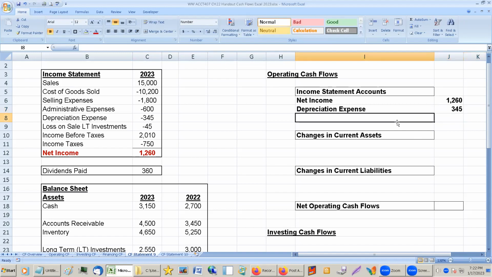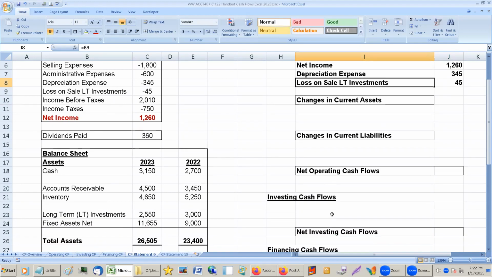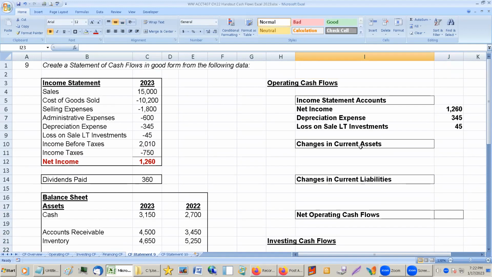And the loss, we're going to put in a different section. Losses are kind of like opposite day, so we reverse those out because it's going to go in the actual investing section, which we'll get to next.